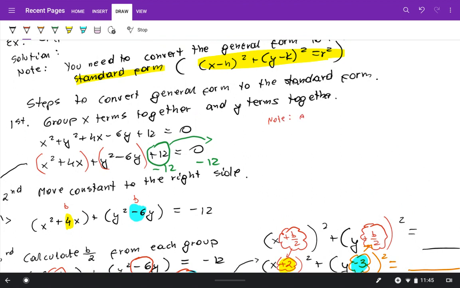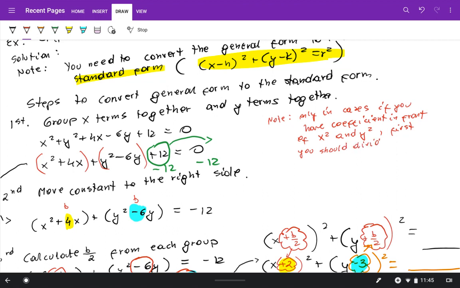Note: only in cases if you have a coefficient in front of x squared and y squared, first you should, that's why I picked an example to show you, first you should divide each term by that coefficient.